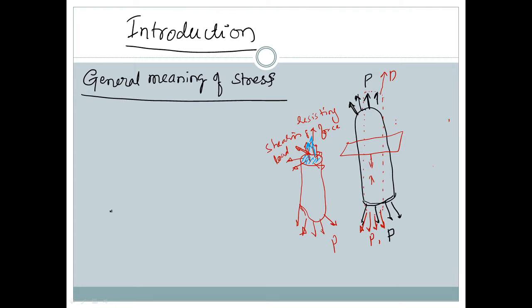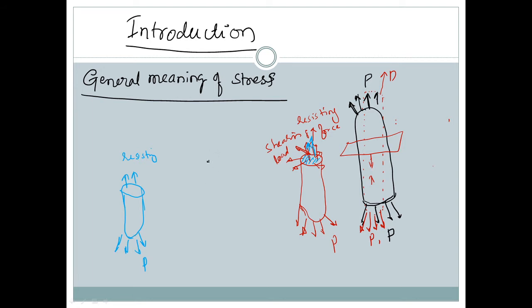Now to get the component in equilibrium condition, okay, this resisting force is acting in the upward direction, and the applied force is in the downward direction. Suppose you want to get the equilibrium condition of any one part, either you can consider the upper part or the lower part.